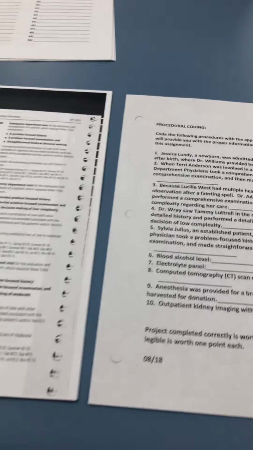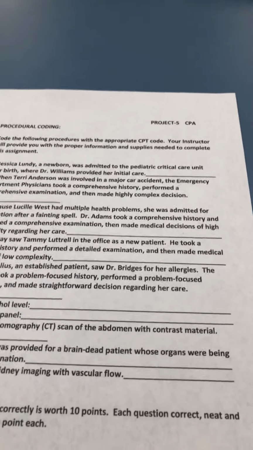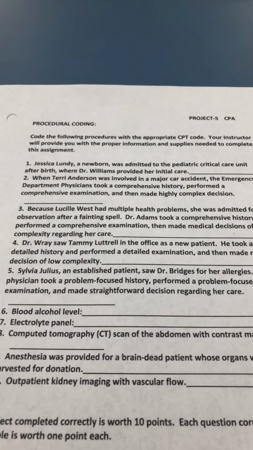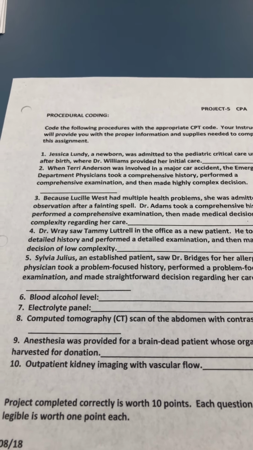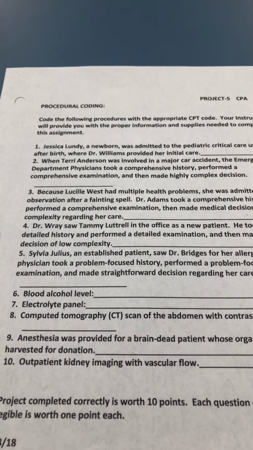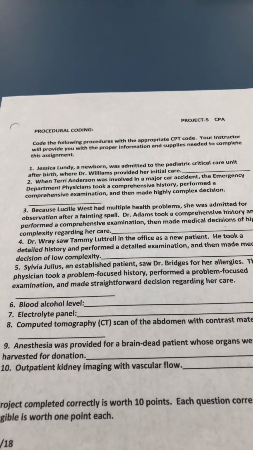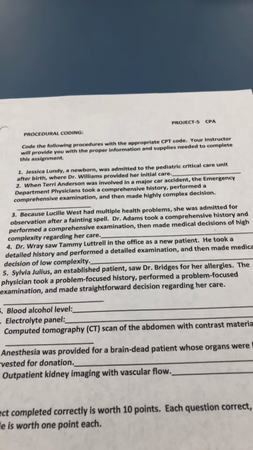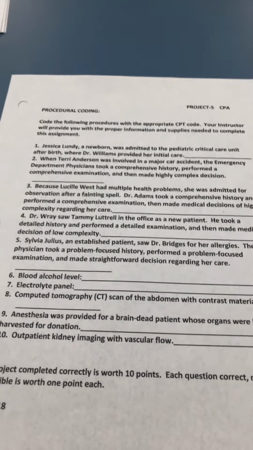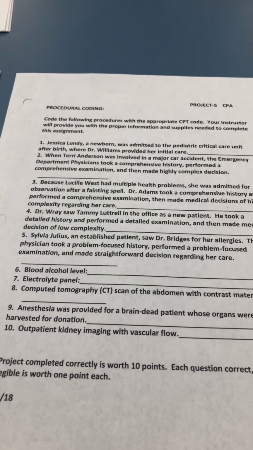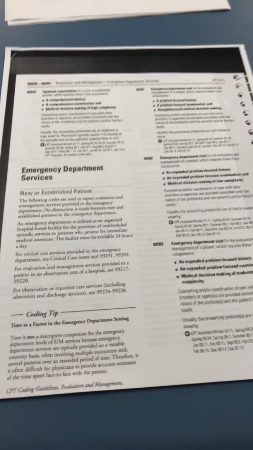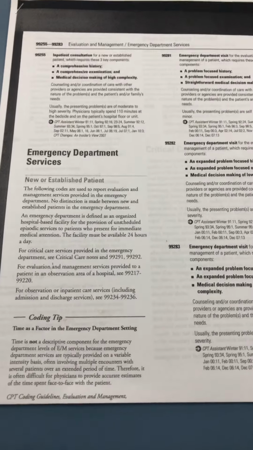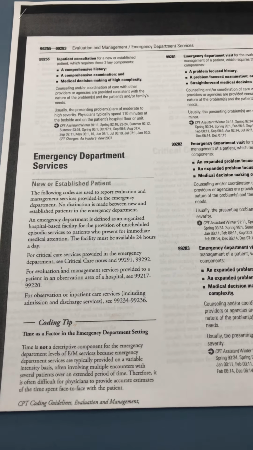In our second example, we are talking about Terry Anderson, who's been involved in a major car accident. The emergency department took him for a comprehensive history, performed a comprehensive exam, and made a highly complex decision. So we need to take what we know about him, that he's there for an emergency service. At the front of your packet here, you can see where it says emergency department services.